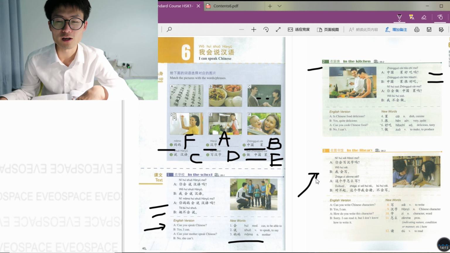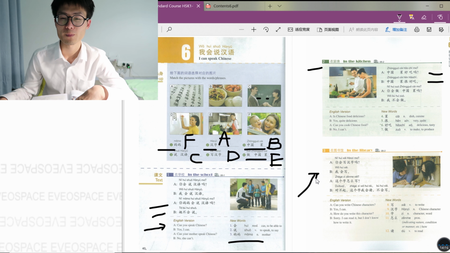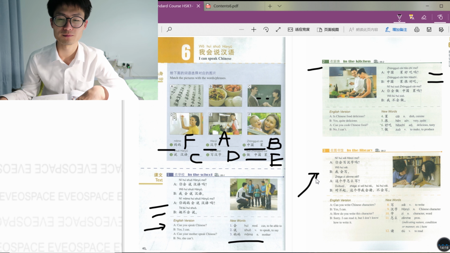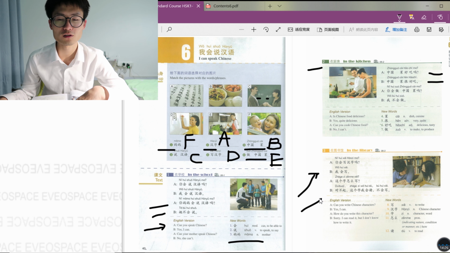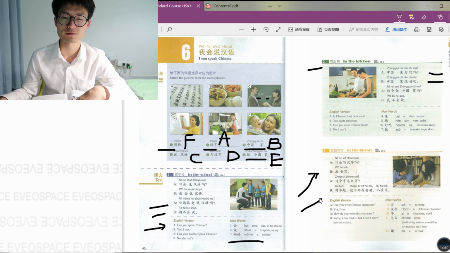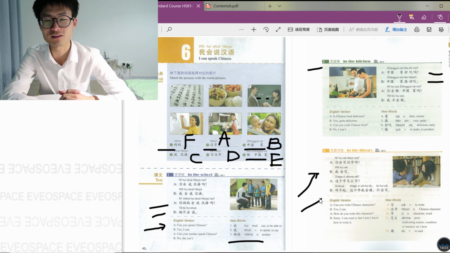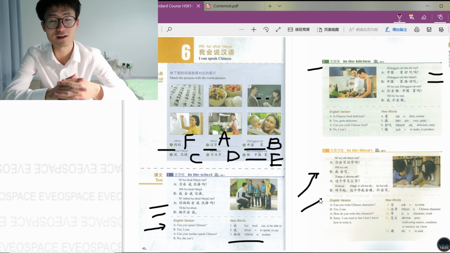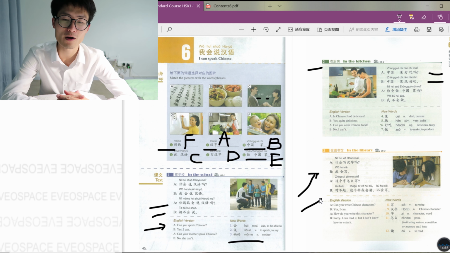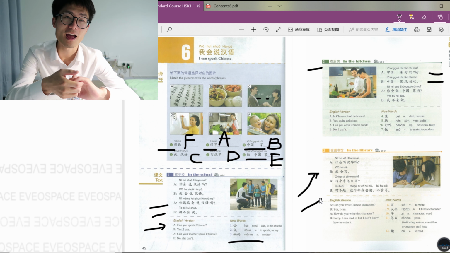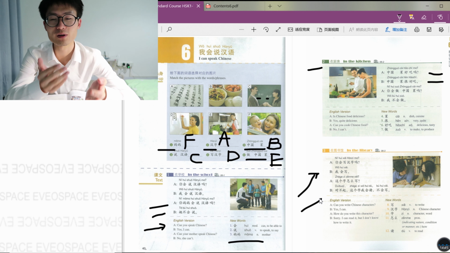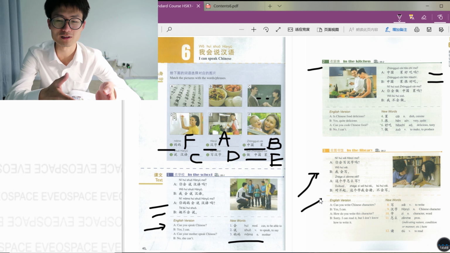So basically, A asks person B, can you write Chinese characters? And person B says, I can. But then person A asks, how do you write this character?